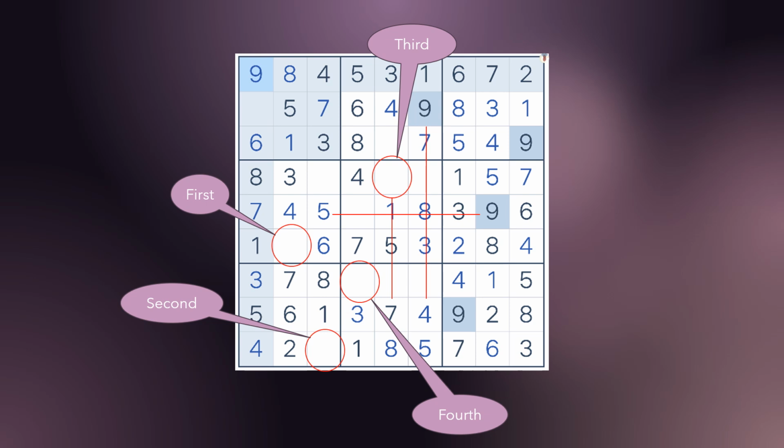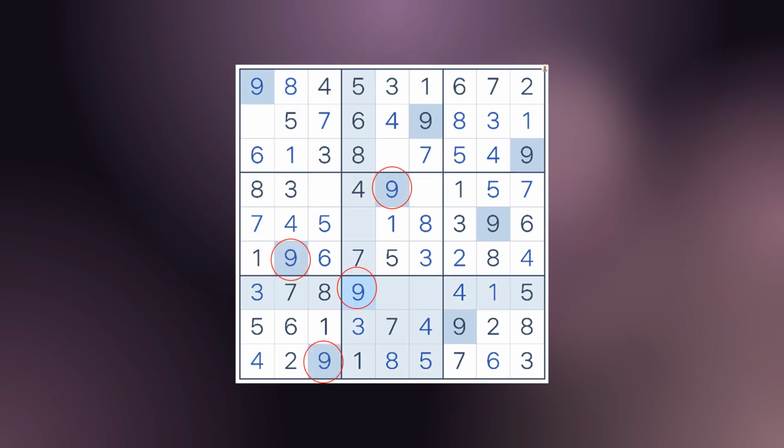Moving on to 9s, the first and second labeled 9s are gifts, since both have horizontal lines that have 8 other numbers. View the red circles labeled third and fourth. Using the red lines, can you solve for the other 9s? This shows the missing 9s filled in.